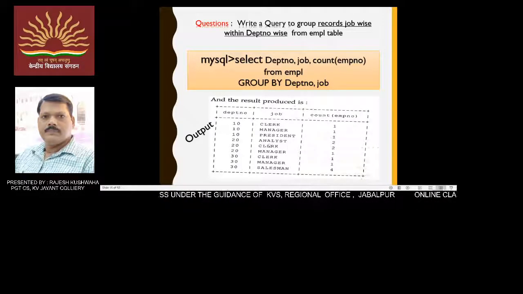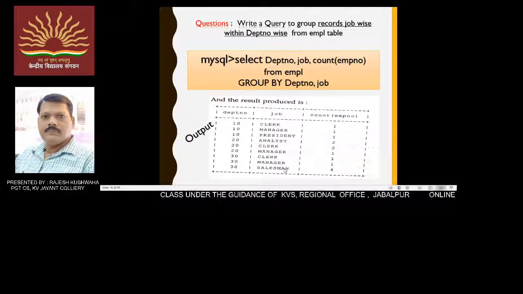Similarly, in the third group, that is 30, these are the members, and this is the count, the number of members in this group. So 1 clerk, 1 manager, and 4 salesmen under this group 30.